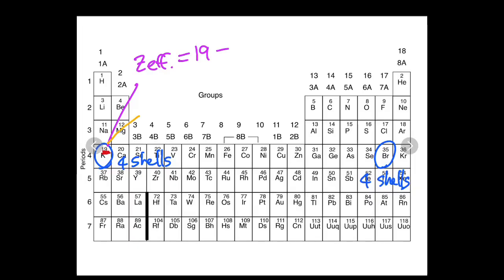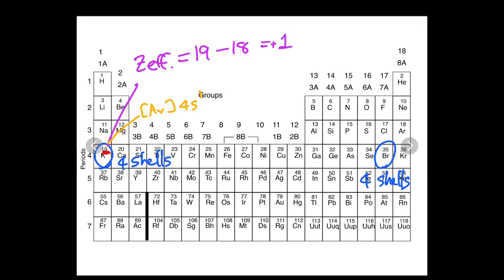The noble gas that comes before this is argon, followed by 4s1. So we know that the outer shell is 4s1, and everything else is considered to be the inner shell or the shielding electrons. So the amount of shielding electrons is the core electrons, which is the amount in argon, which is 18. So the effective nuclear charge for potassium would be +1.